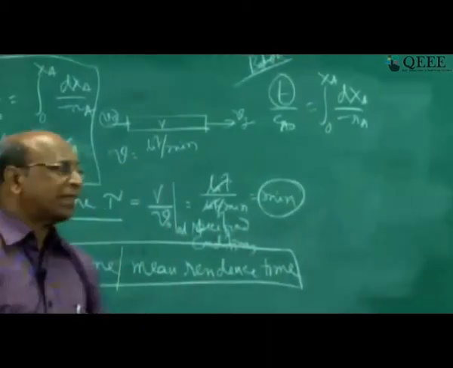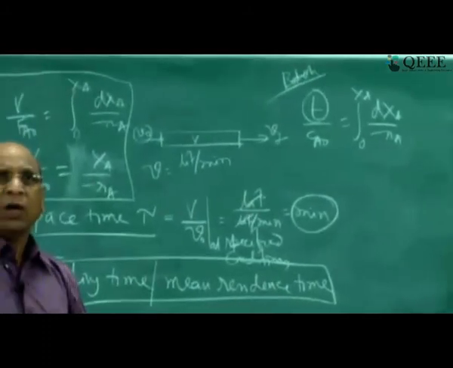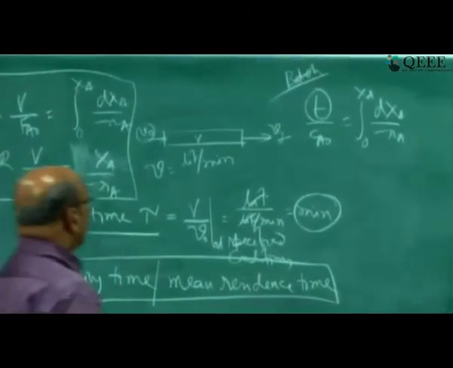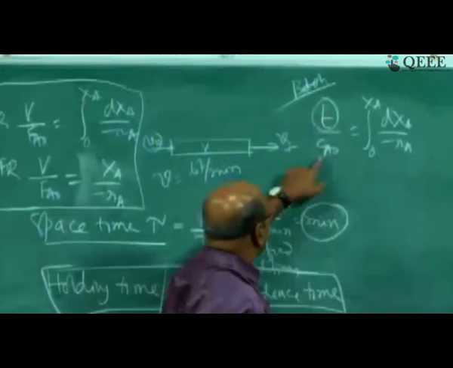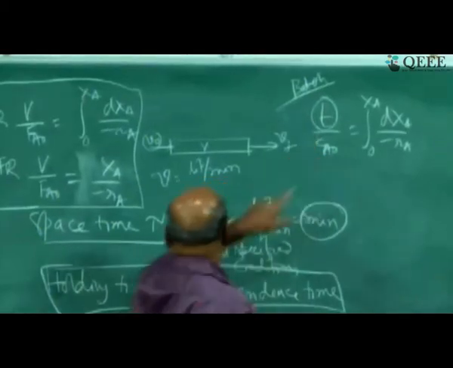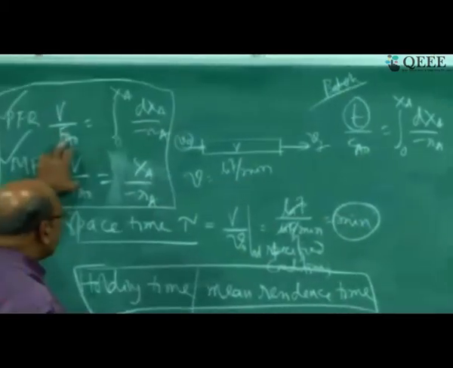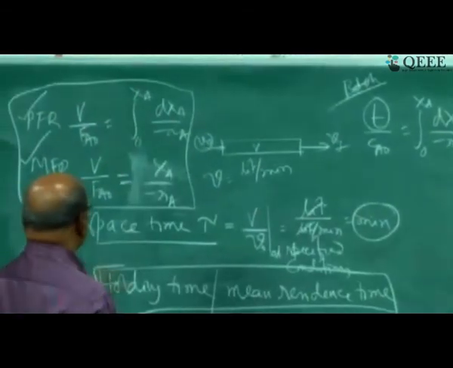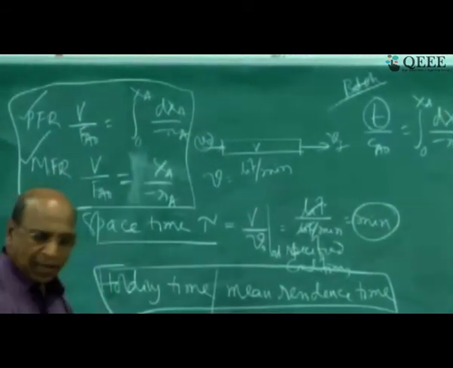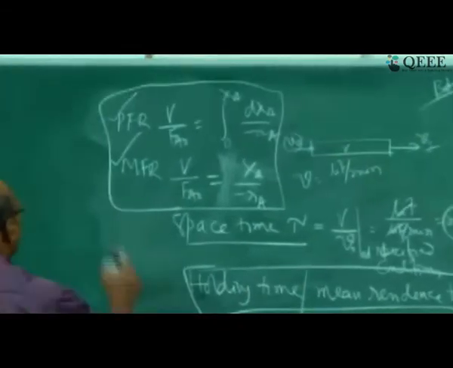Because you first learnt batch reactor in your high school and also 12th class or so, which is now derived as time by CA naught. So that is why we would like to write these two equations also in terms of tau by CA naught. So writing that in terms of tau by CA naught, I think I'll write that. Yeah.